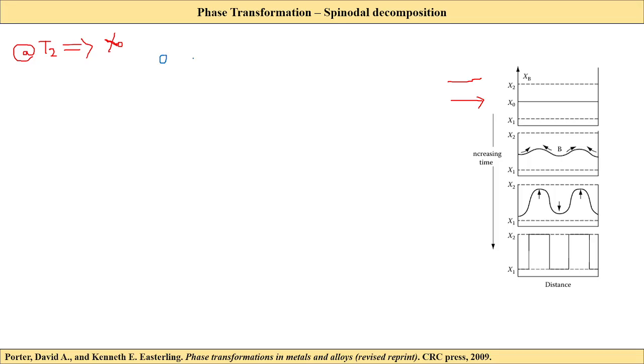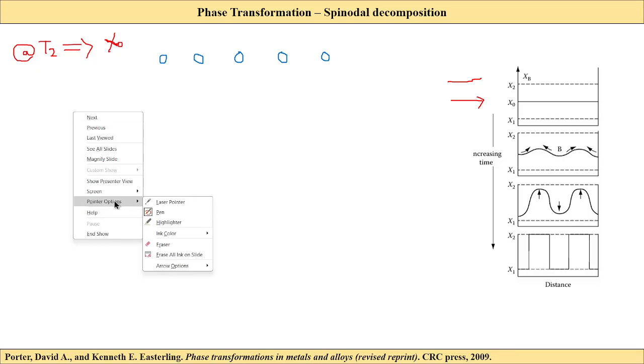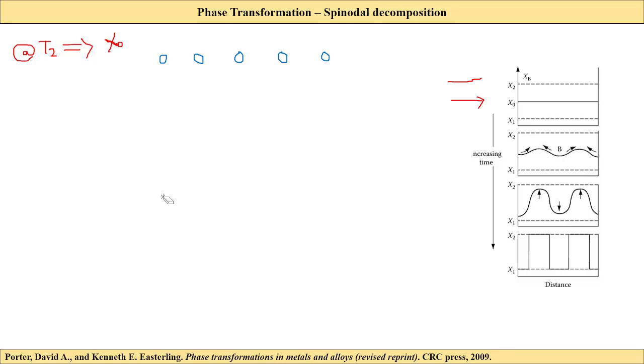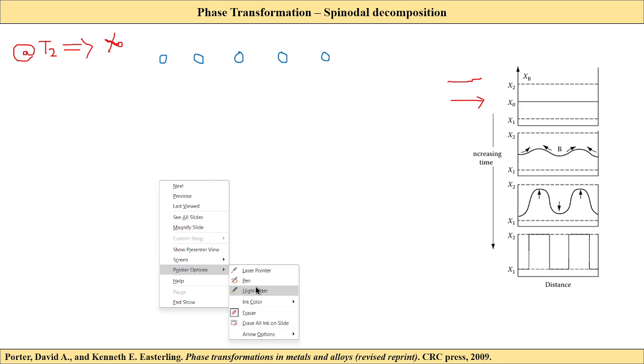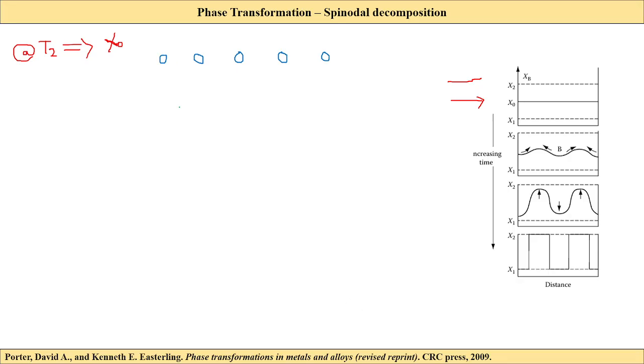So let's say these are my atoms. These are one type of atoms. Let's say these are another type of atoms.